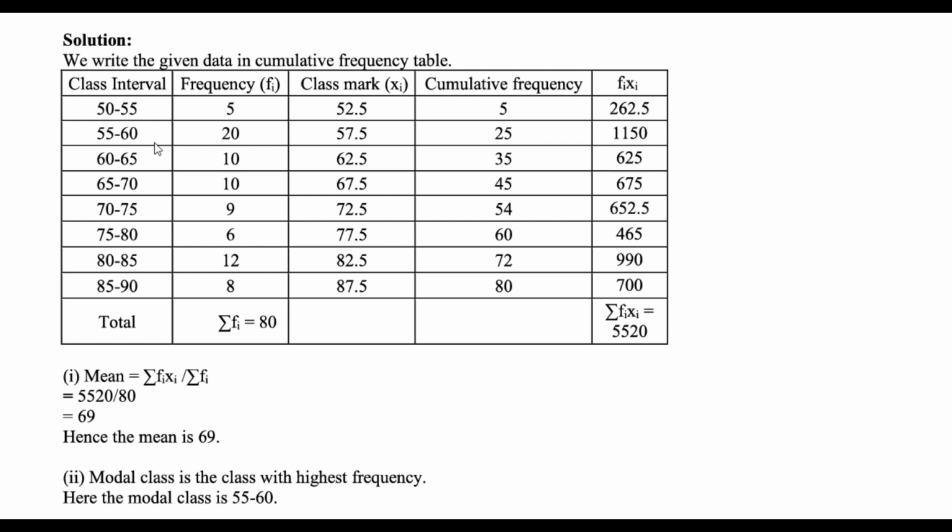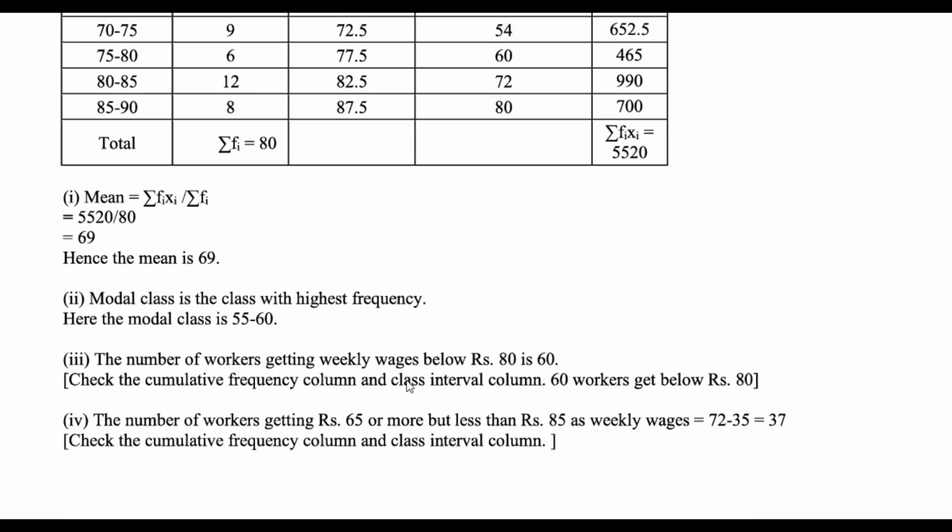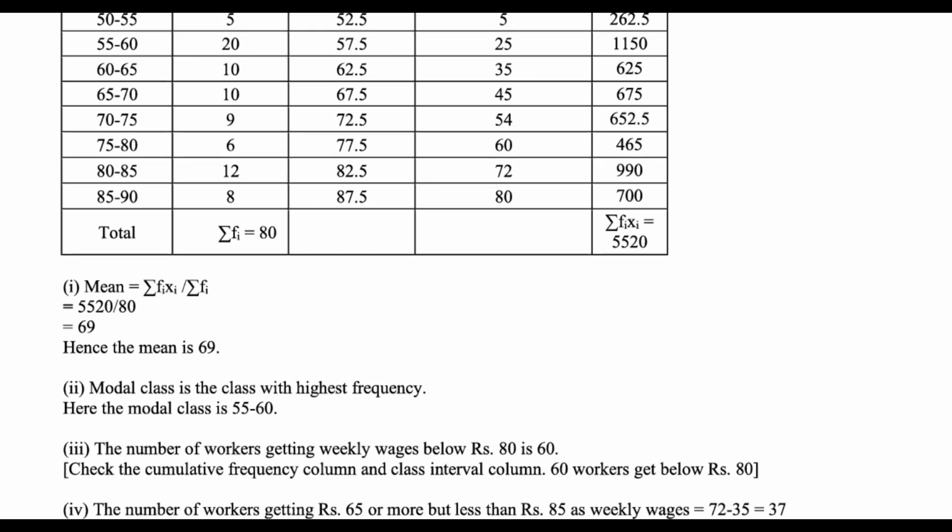So 55 to 60 has the highest frequency, so the modal class is 55 to 60. The number of workers getting weekly wages below rupees 80 is 60. See, check the cumulative frequency column and class interval column. 60 workers get below rupees 80.